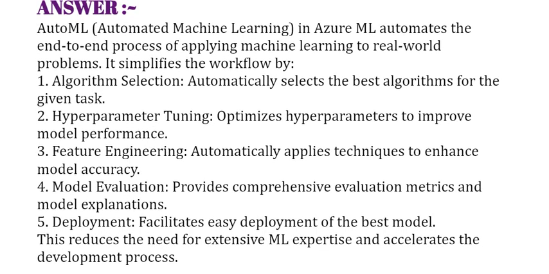Feature engineering automatically applies techniques to enhance model accuracy. Model evaluation provides comprehensive evaluation metrics and model explanations. Deployment facilitates easy deployment of the best model. This reduces the need for extensive ML expertise and accelerates the development process.